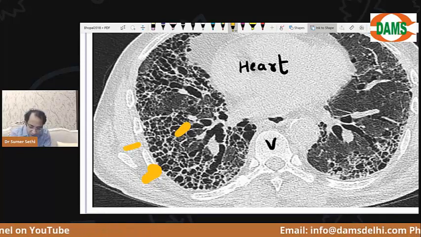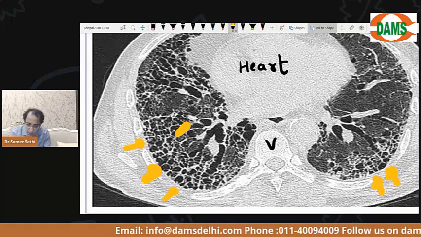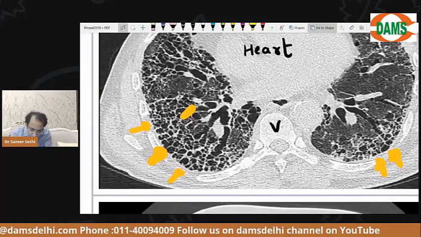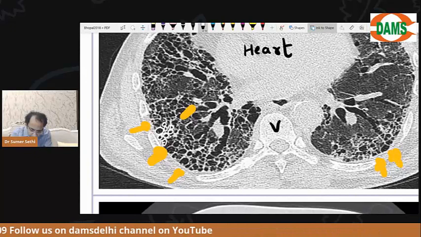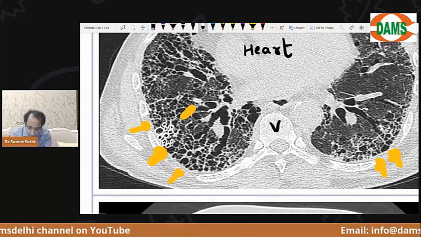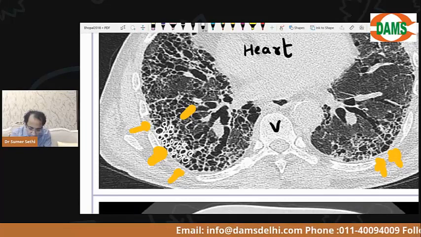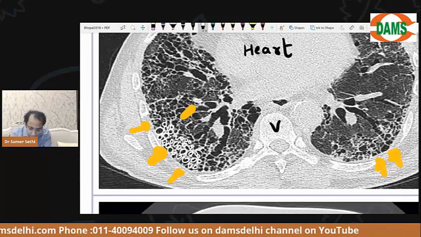Can you see these multiple air-filled cystic spaces? I will zoom it to the maximum. Stacked over one another. Can you see these multiple air-filled cystic spaces sitting one over another like this?